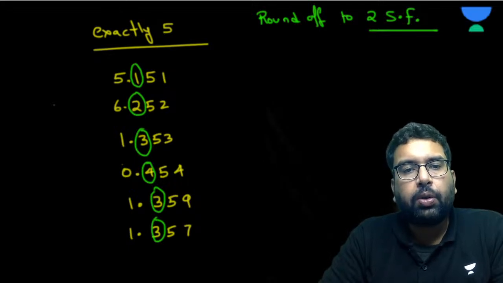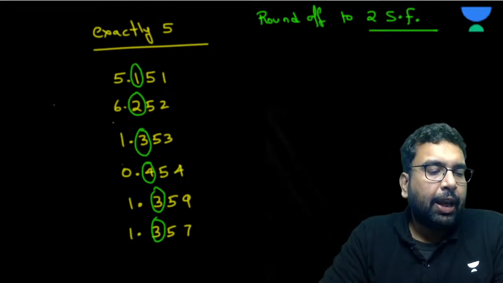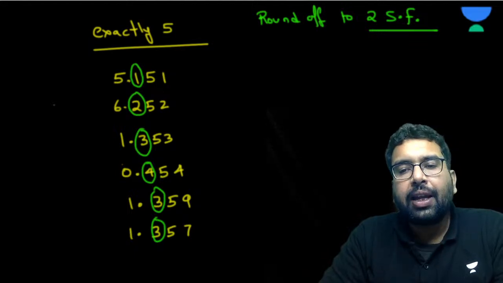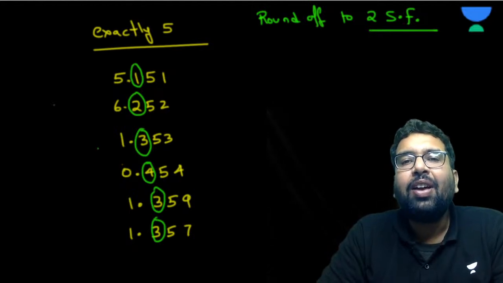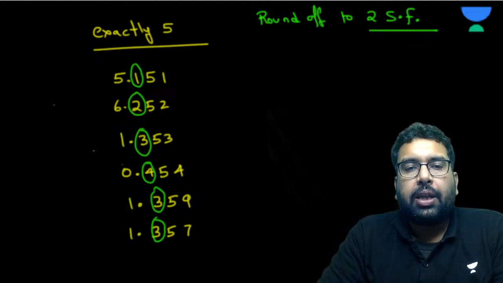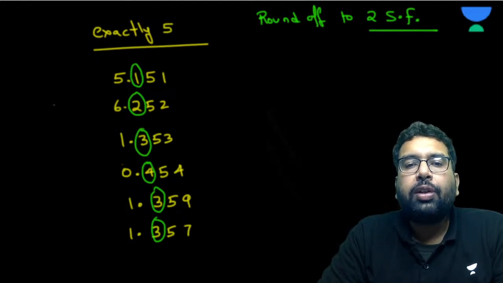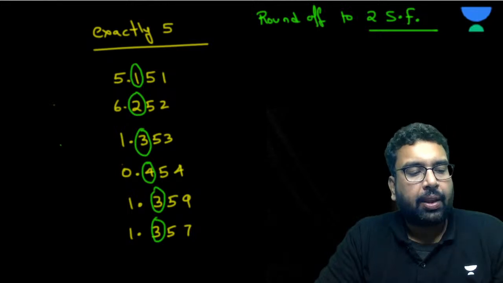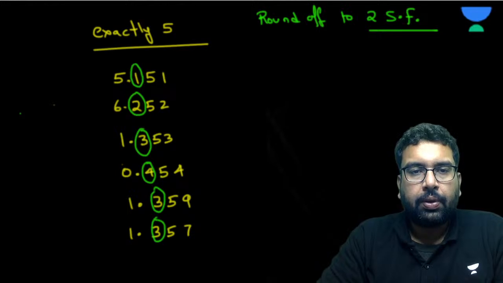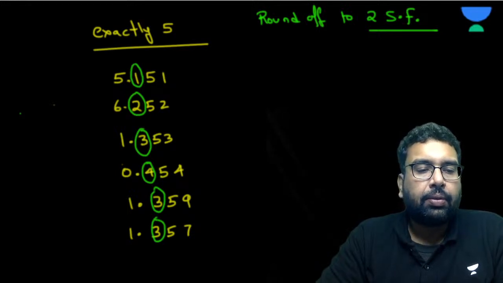When we see the digit after this digit, that is 5, exactly 5, not more than 5, not less than 5, how would you decide whether we need to increase this particular digit or keep it the same? What will be the rounding off? Tell me.